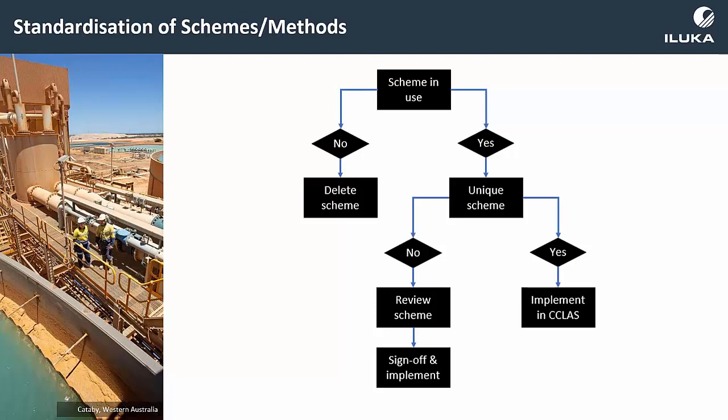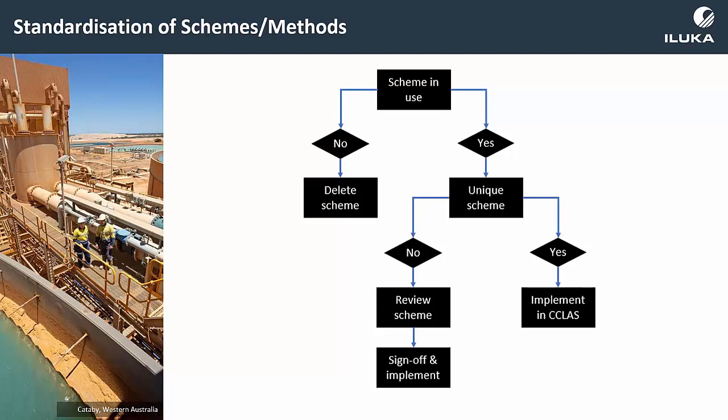We essentially followed this process flow where we looked at whether the scheme was in use, and if it was a redundant scheme that wasn't really needed anymore, we didn't include it. The schemes that were unique, for example the Southwest's scheme for their mineral assemblage determinations, which is unique to their lab, just got implemented as is.